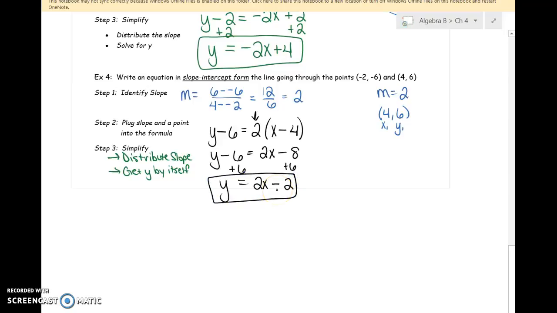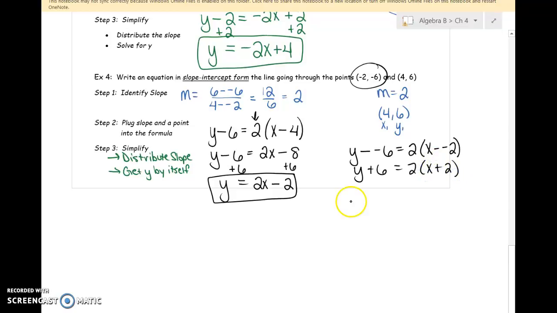Now, did anybody happen to use the other point? I want you to see what happens. So you don't have to write this down. I just want you to watch along. If I had chosen the other point, I would write y minus negative 6 equals 2 times x minus a negative 2. So that'd be plus 6 and plus 2. I would distribute.